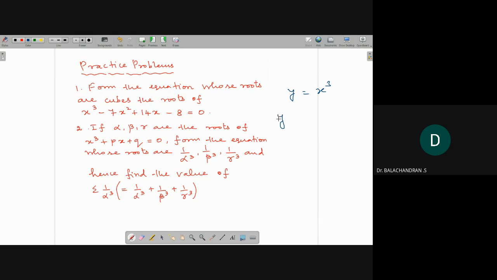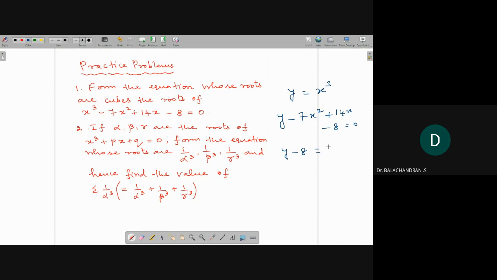Otherwise, instead of this x cube, you can write y, and keep the remaining terms minus 7x square plus 14x minus 8. So this is another idea. What you told is exactly correct. I will keep y minus 8 on the left hand side and the remaining terms on the right hand side. What is common here?